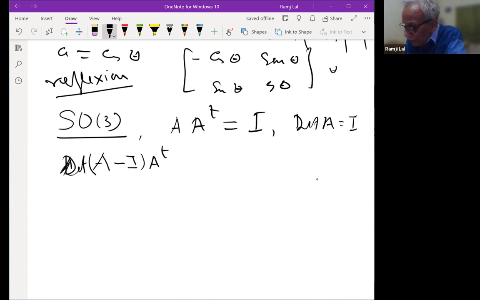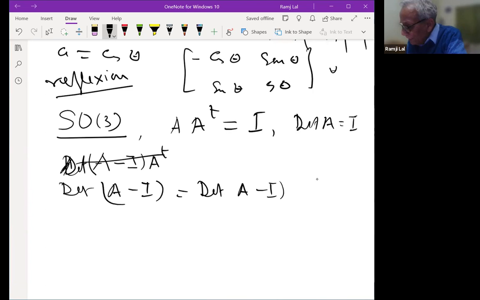The determinant of A minus identity is equal to the determinant of A minus identity times the determinant of A transpose, because the determinant of A transpose is 1, since A is in SO3.